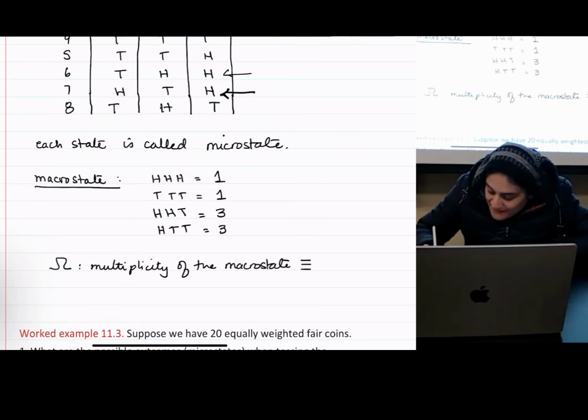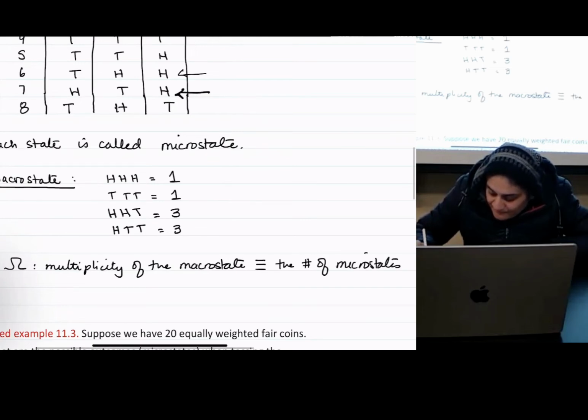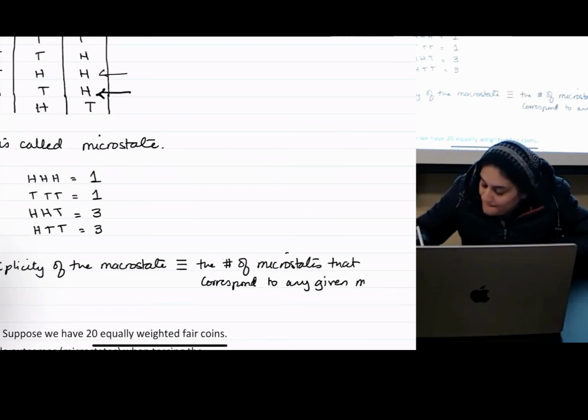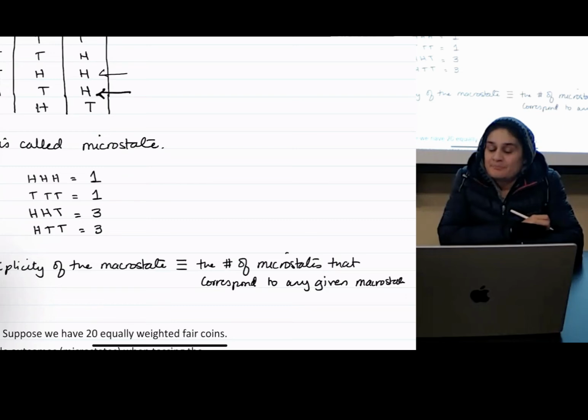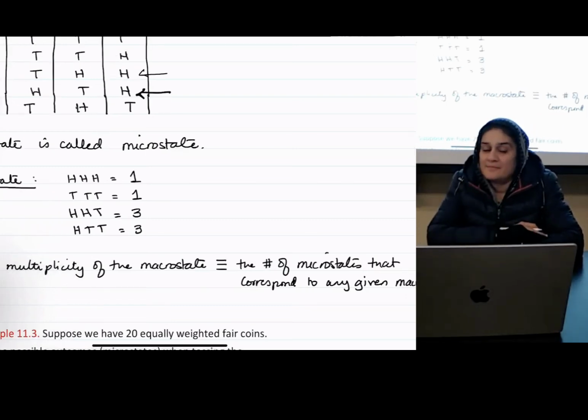And it is defined as the number of microstates that correspond to any given macrostate. So what's the multiplicity of heads?